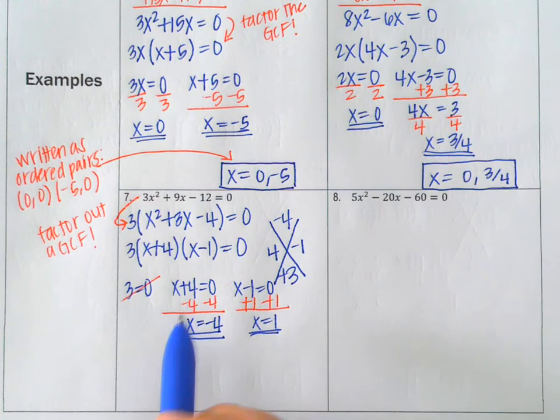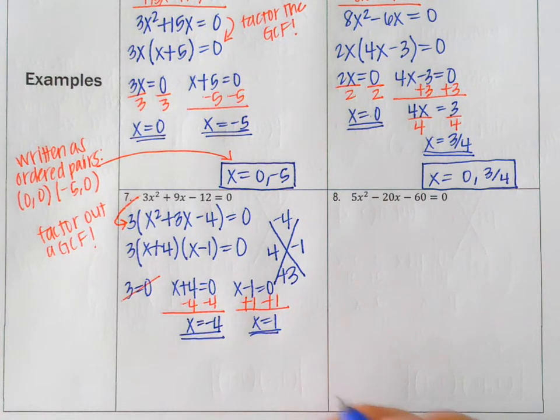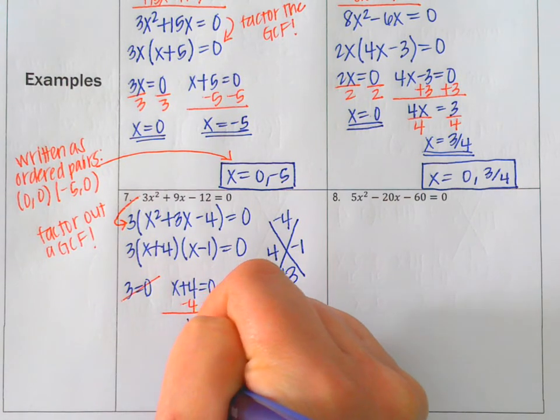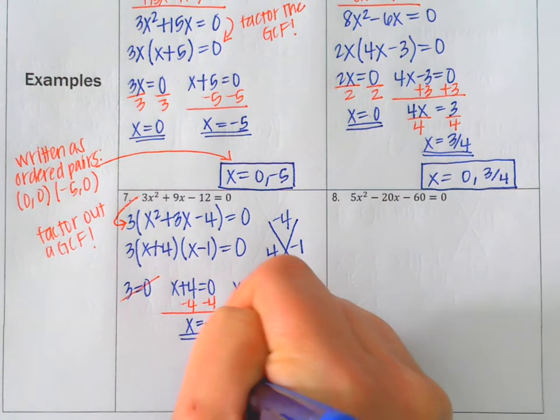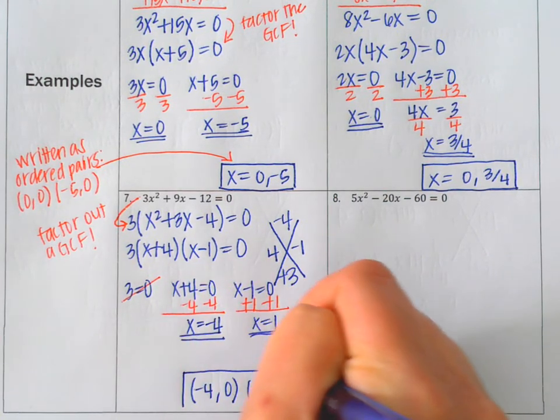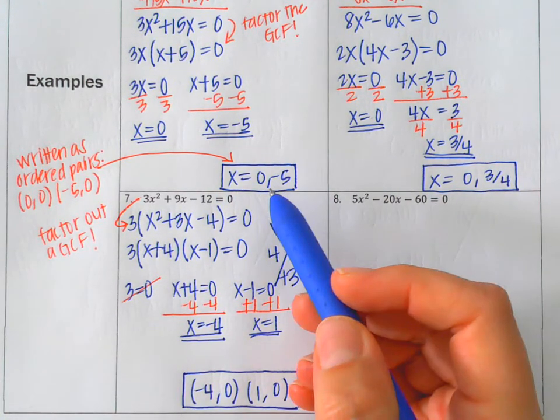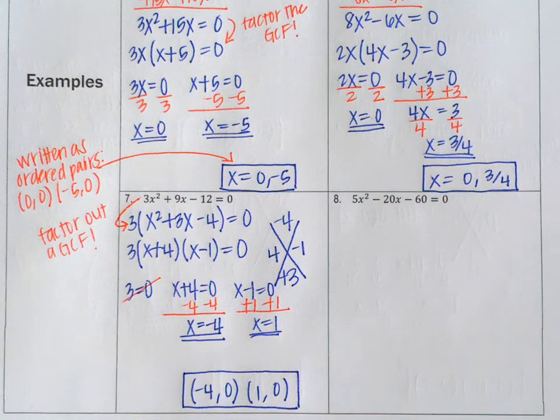And so I have still two solutions. This one, remember, doesn't matter. It's unimportant. And so this is going to be as ordered pairs, negative 4, 0, 1, 0. So either way you guys write it, ordered pairs or list them, it's totally fine. I really don't care which way you guys write it.